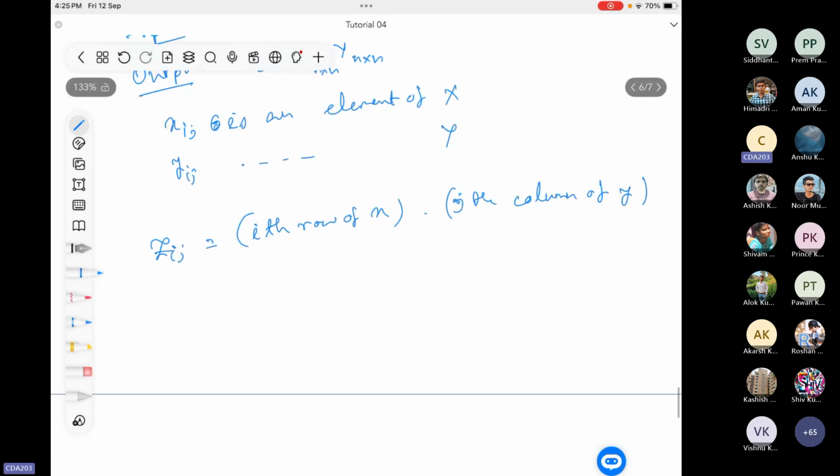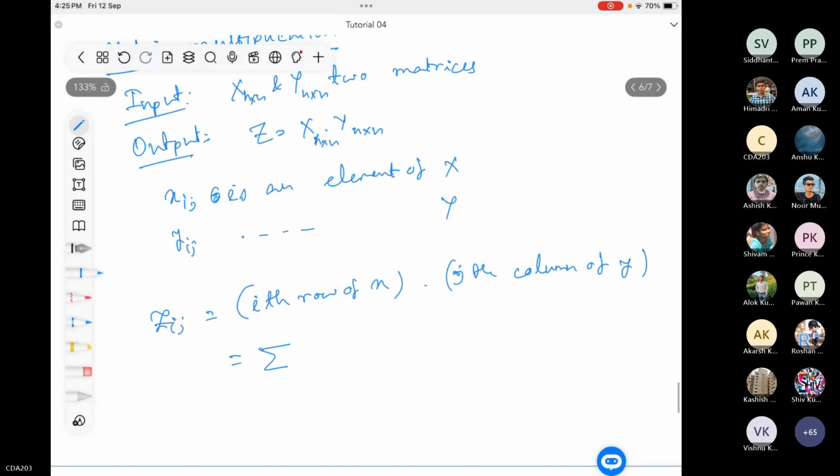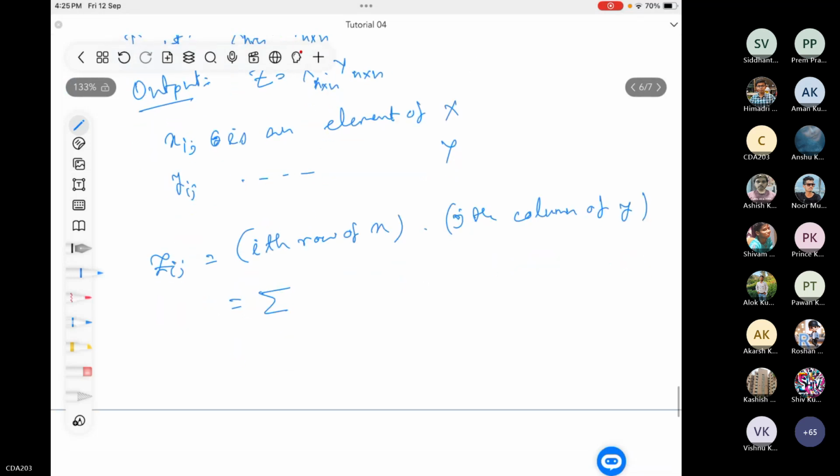Mathematically you can formally define it as Zij equals the sum for k equal to 1 to n of Xik times Ykj.